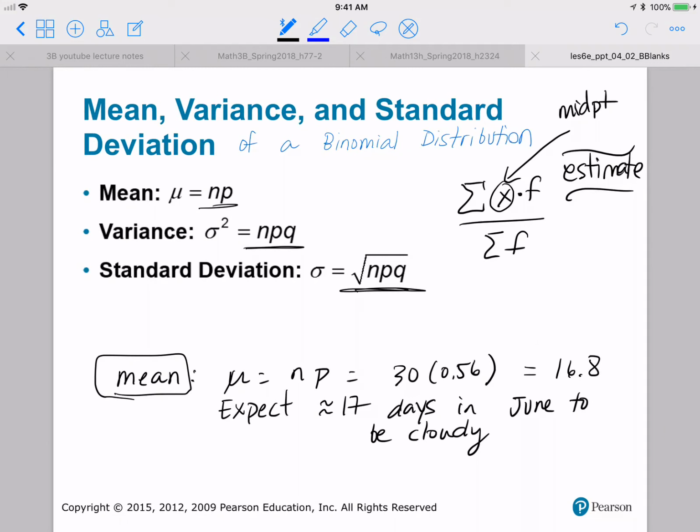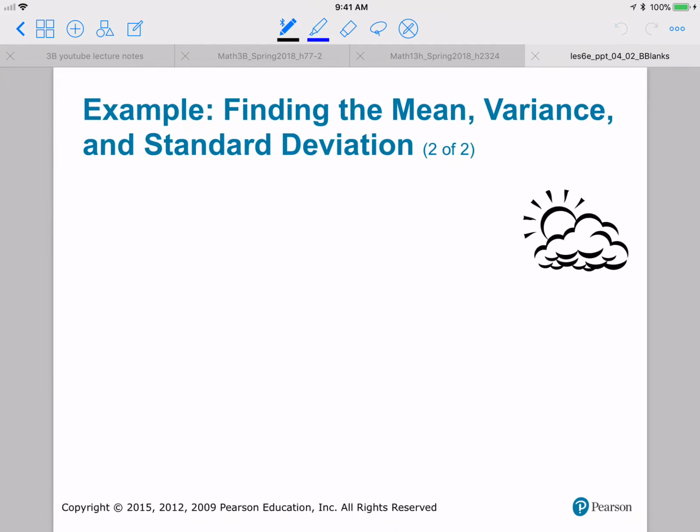And we can do the same thing with variance. So with variance, sigma squared is n times p times q, which will be 30 times 0.56 times 0.44, which is going to be about 7.4. And we have our standard deviation. So let me go somewhere else. Just to recap, our mean is 16.8.